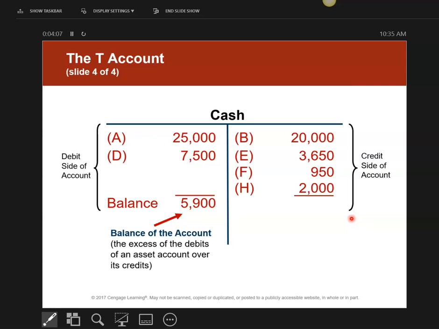This is all explained on the first sheet of the rules of debit and credit. So this side would be, I don't know, added up, what, 32,500, whatever this adds up to, this will be smaller, subtract it from this total, and I have $5,900 cash. Okay, so this is called the T account. In your homework, whenever we're doing anything, we're going to use the T account.